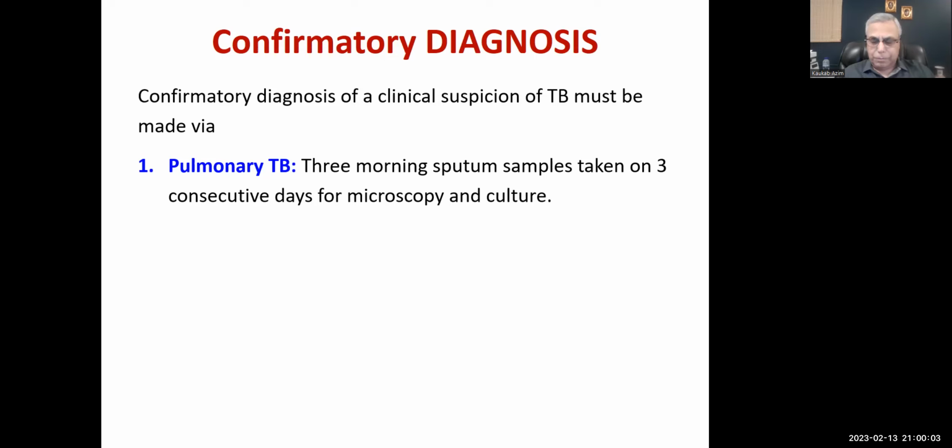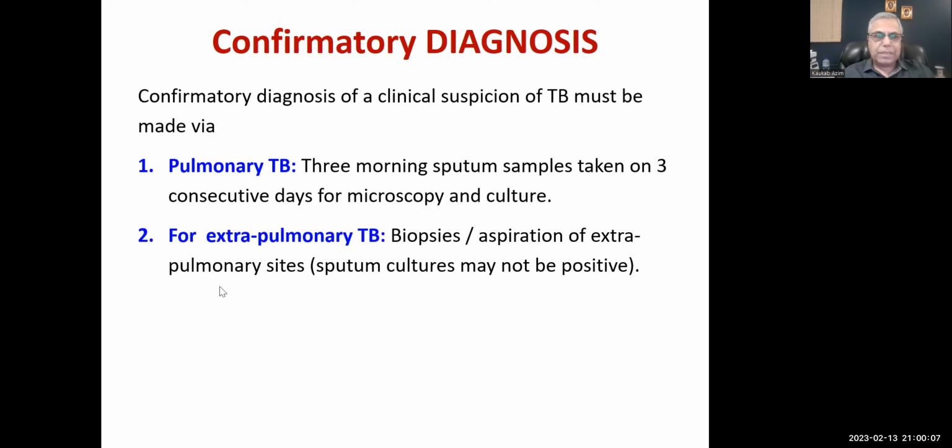And the culture result will come back after 3 to 4 weeks, okay? For extrapulmonary tuberculosis, you can take biopsies. For example, I mentioned that sometimes you take biopsies of the lymph nodes, or you can take an aspiration biopsy, because it's not in the lungs, so sputum cultures may not be positive in those cases.